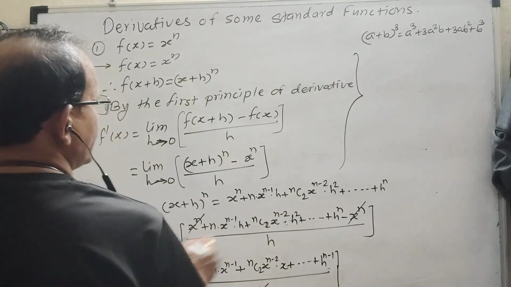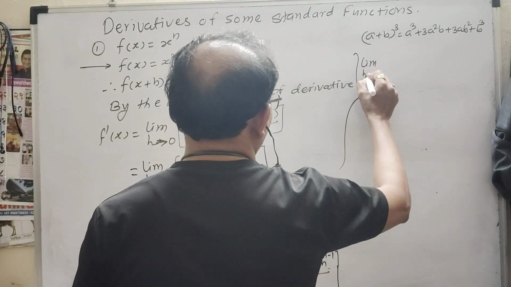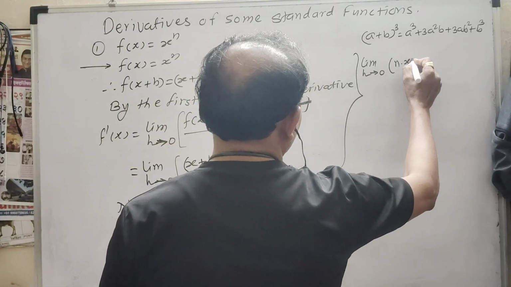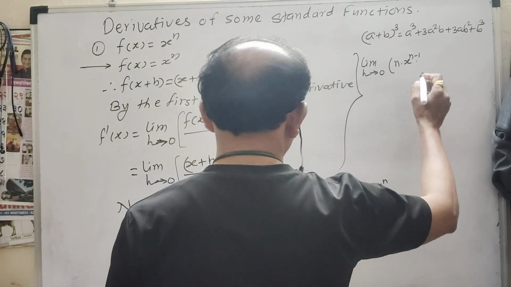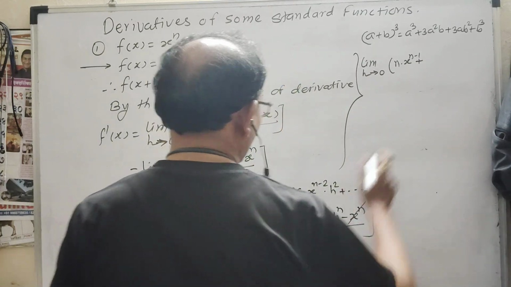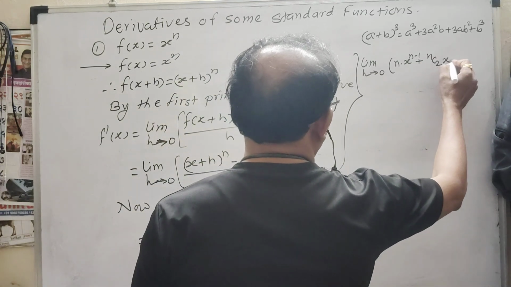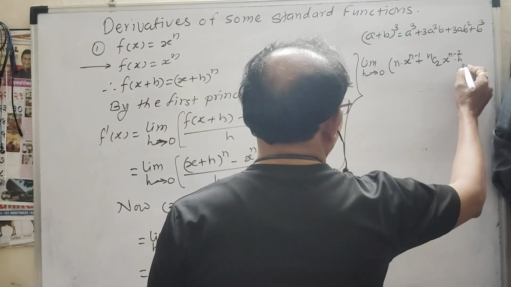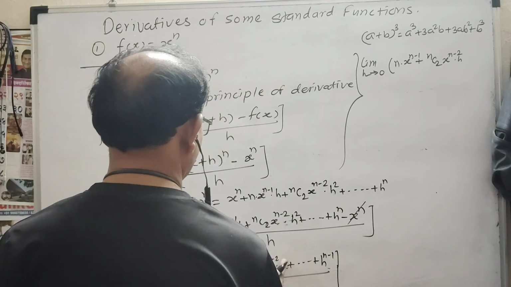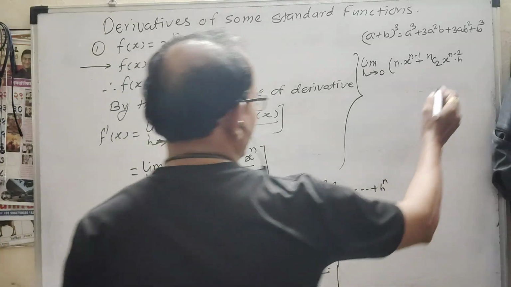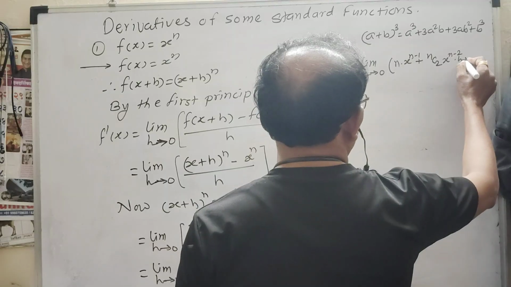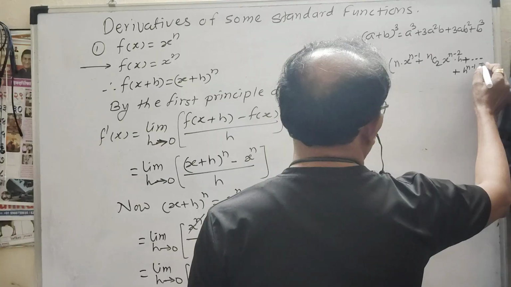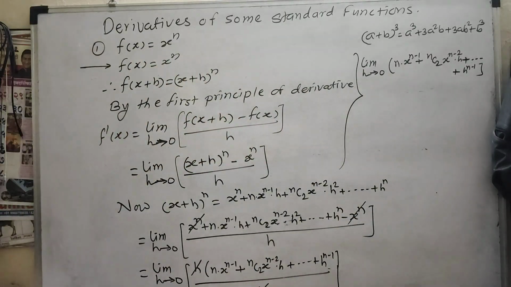So it can be written limit h tends to 0, remain here n x raised to n minus 1 plus nC2 x raised to n minus 2 h plus dash dash dash plus h raised to n minus 1. Now take limit h tends to 0.